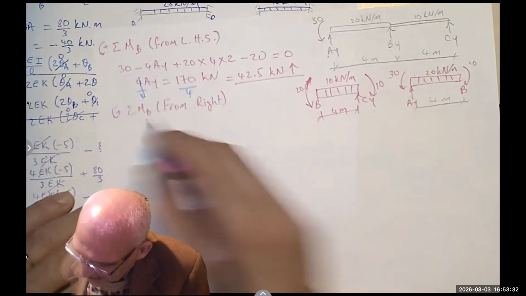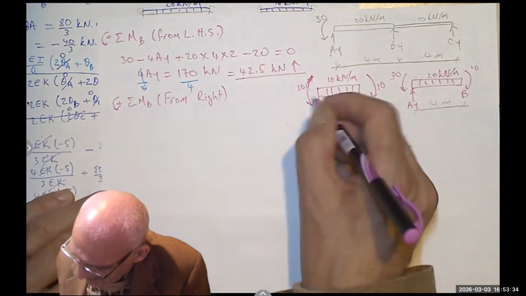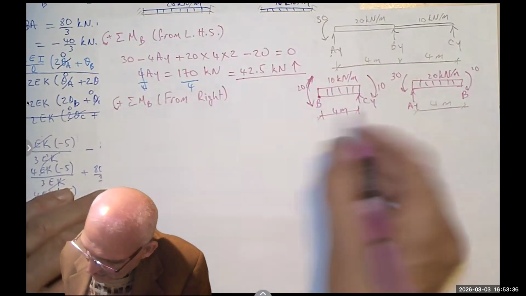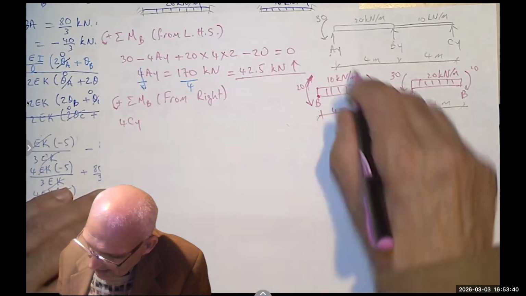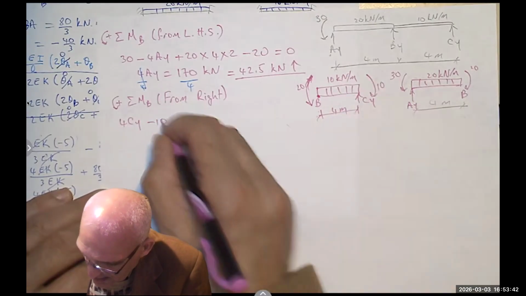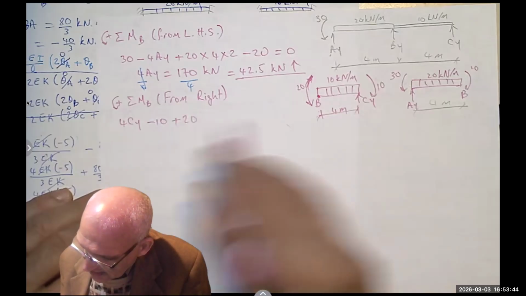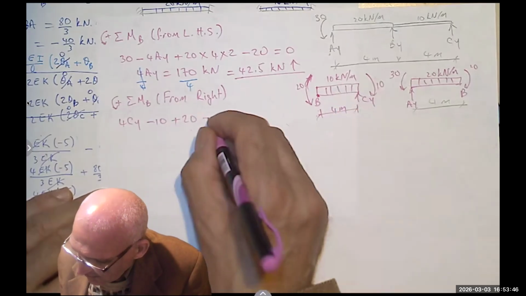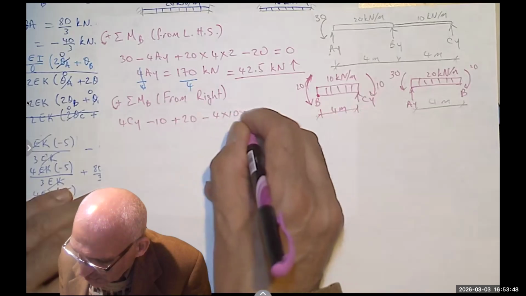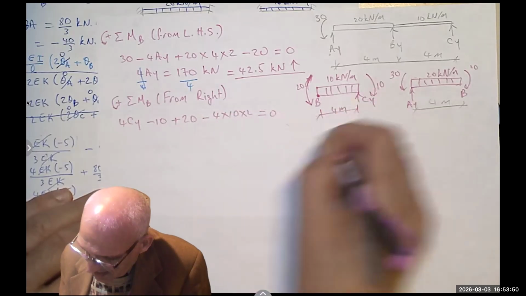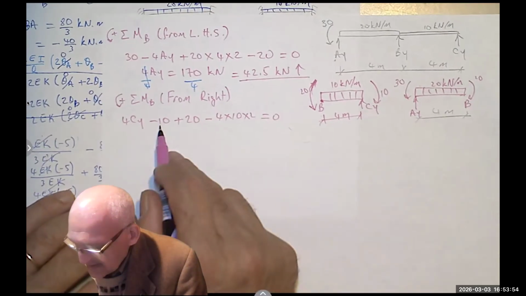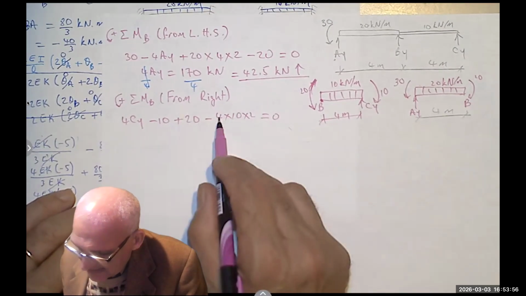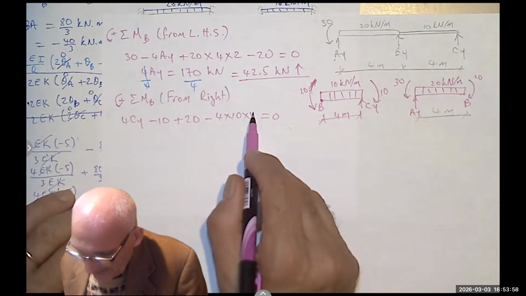So when I write the equation, I'm taking the moment here. So I'm going to say 4cy minus 10 plus 20 minus 4 times 10 times 2 equals 0, because this load is rotating clockwise. 20 minus 10 is 10, but this is 80, right?